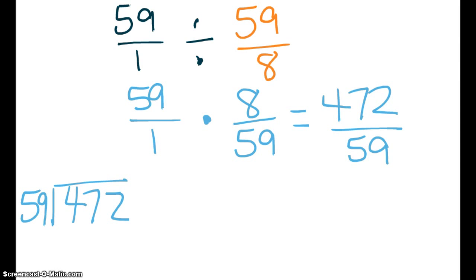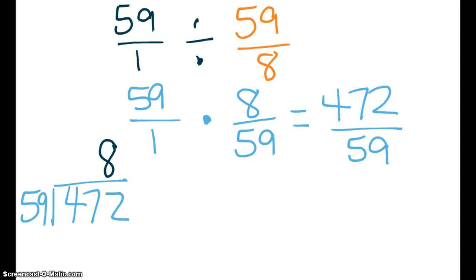I'm going to take a guess that 59 will go into 472 maybe 5 times. I'm going to multiply by 5, and I get 295. Oh no, I can increase that. What you're going to do is increase it until you get something really close, but not over 472.